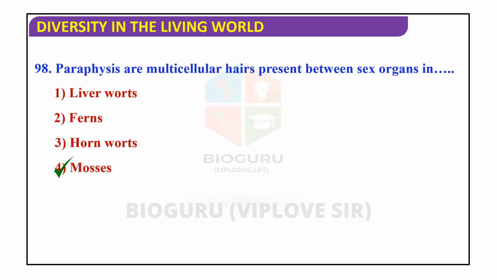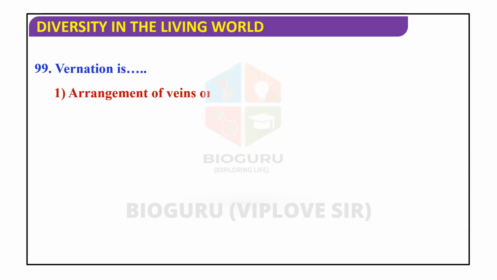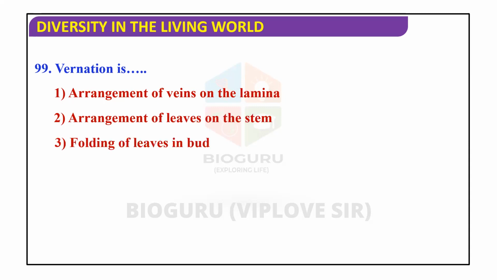Yes, it is mosses. Vernation is arrangement of veins of the lamina, arrangement of leaves on the stem, folding of leaves in a bud, or arrangement of leaves in a bud. It is the arrangement of leaves in the bud. It's called vernation.